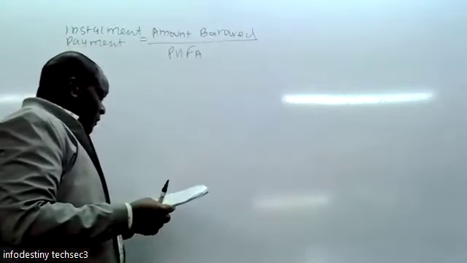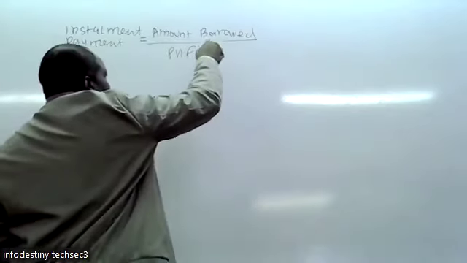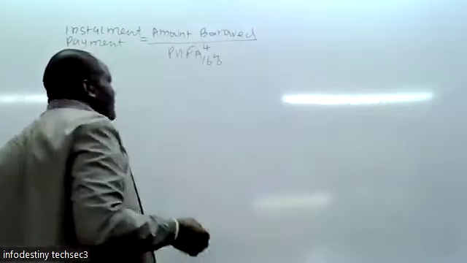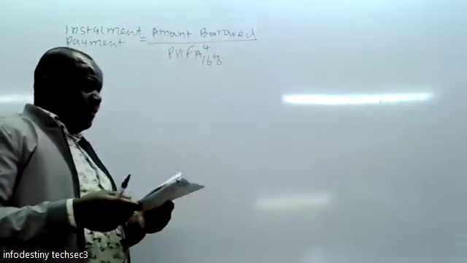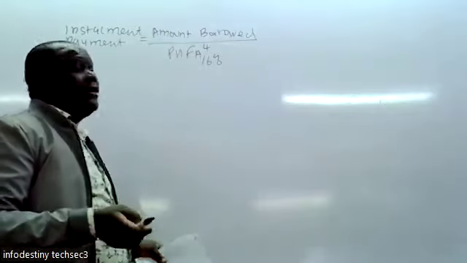The interest rate was given as 16% for how many periods? 4 periods. We say to be repaid in 4 equal annual installments.